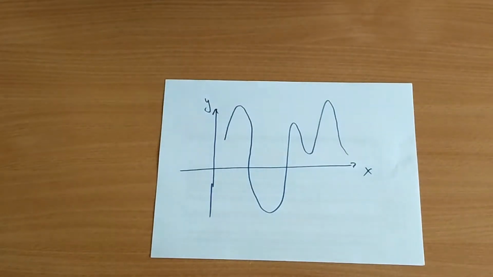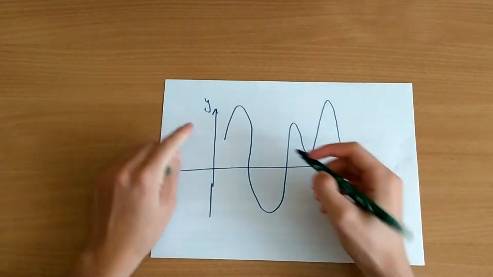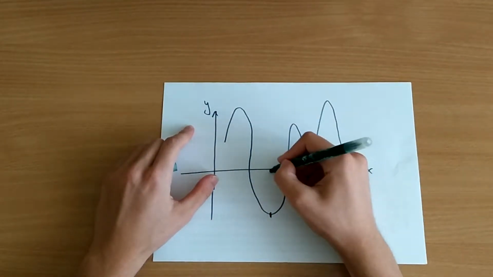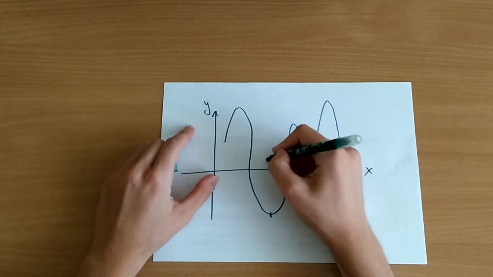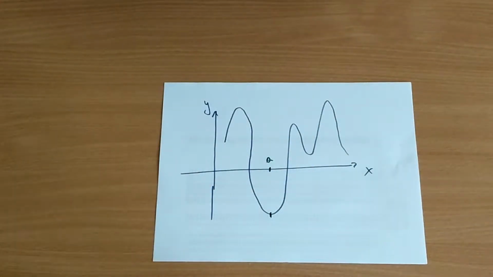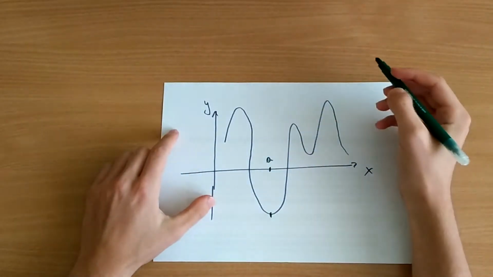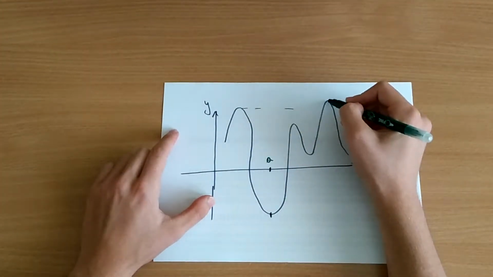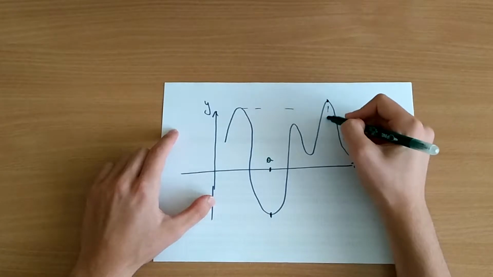So the minimum point would be the point where the y value is the lowest, so let's call it this point A, and the maximum value on the function would be this one, so this point here.